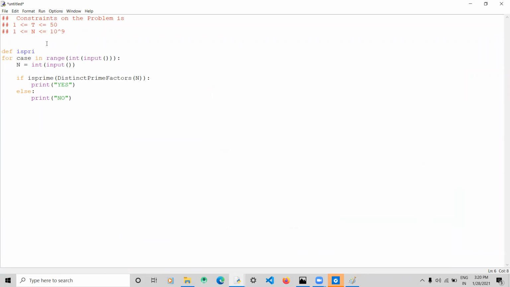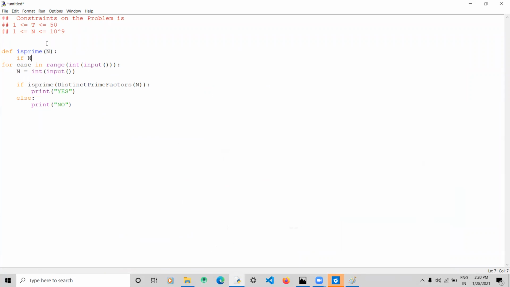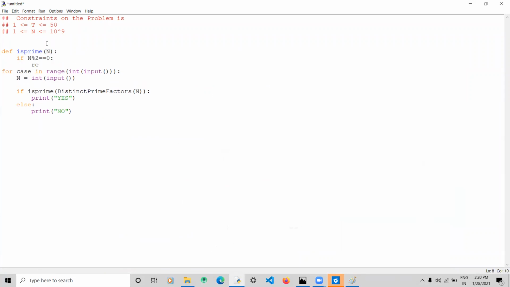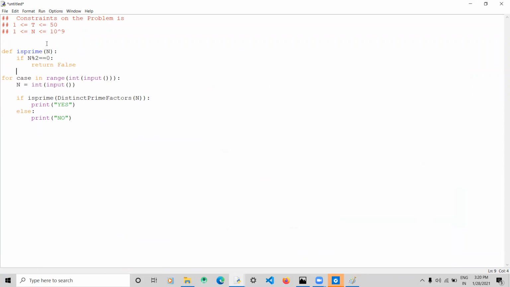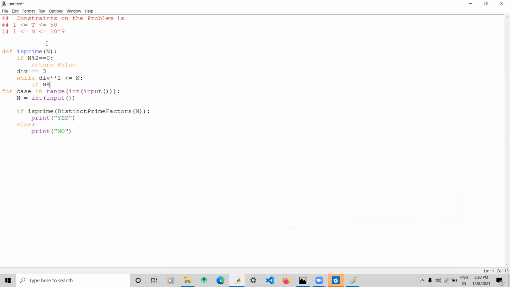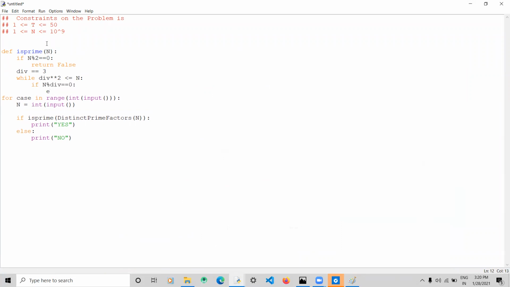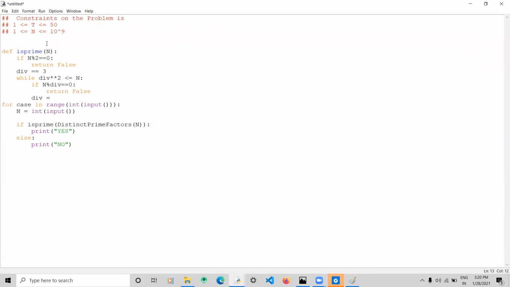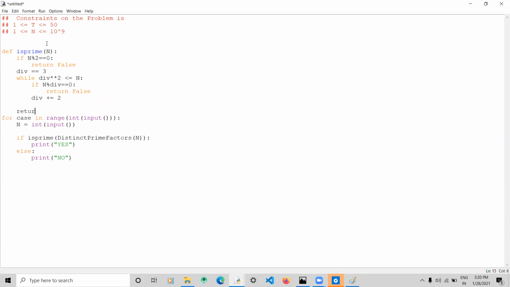So is prime is okay. If n was divisible by 2, we would return false. Else we divide by the next candidates, and return true.